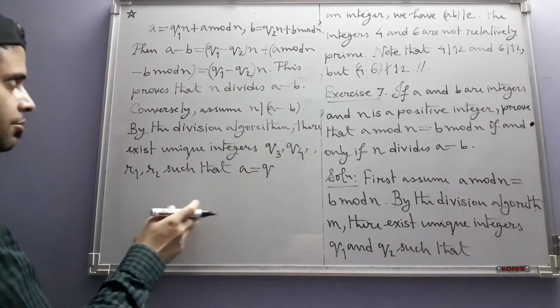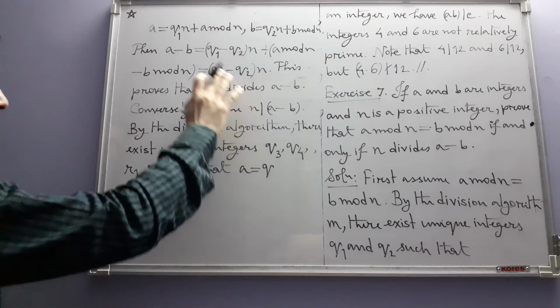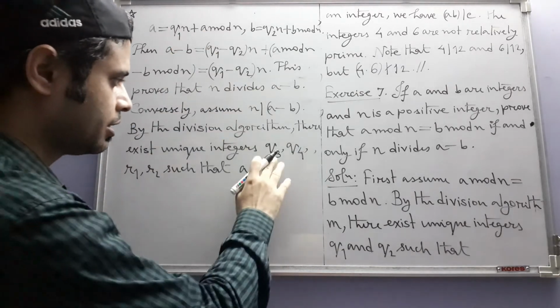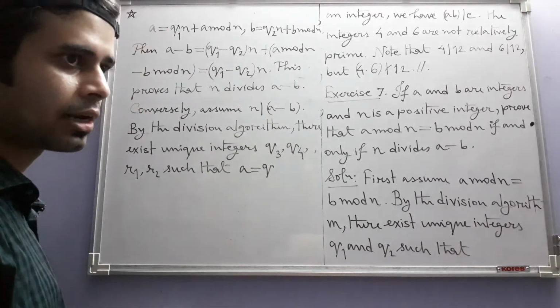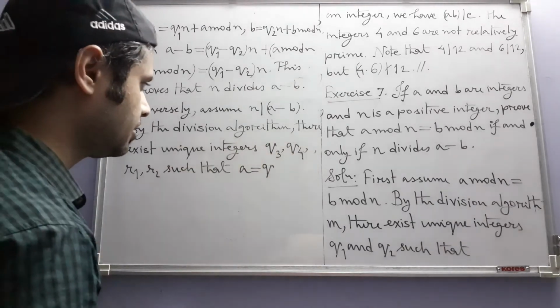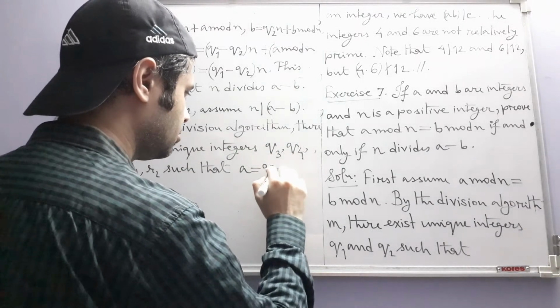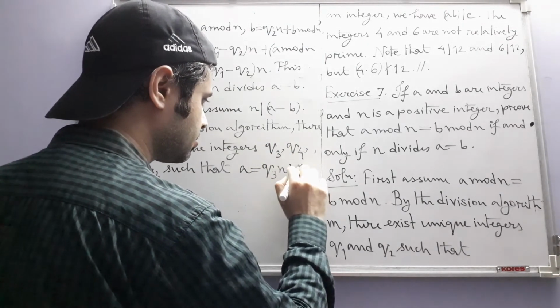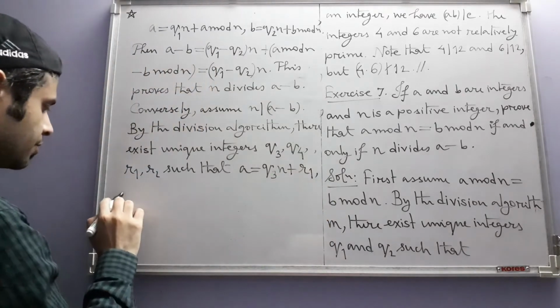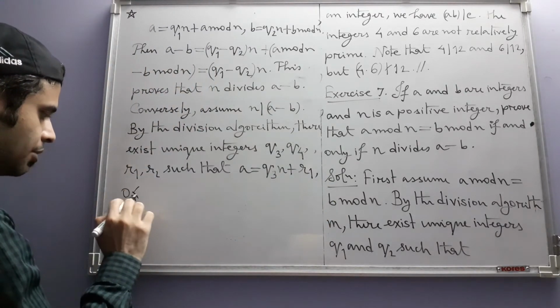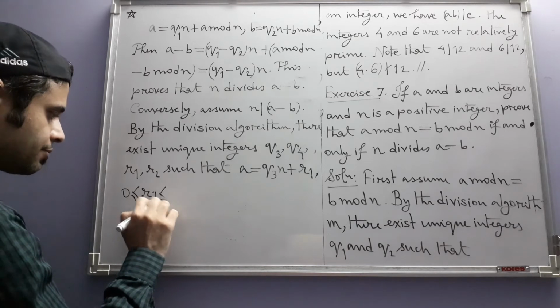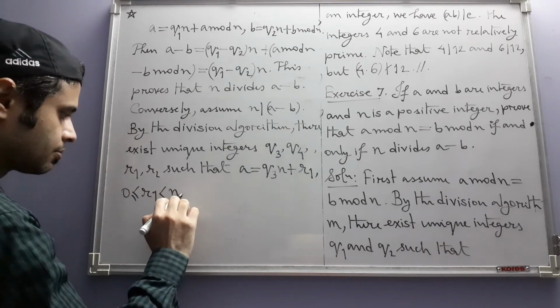We could have taken q1 and q2, it does not matter because this part of the proof is over, but still for the sake of more clarity we choose to take q3 and q4. q3 n plus r1, where r1 is the remainder, so it will satisfy these inequalities.